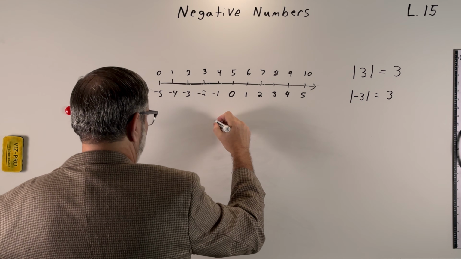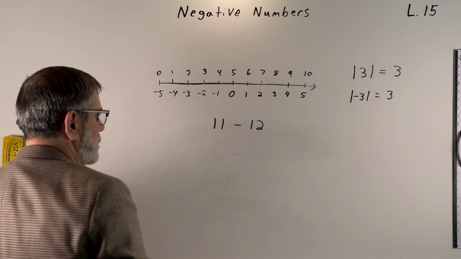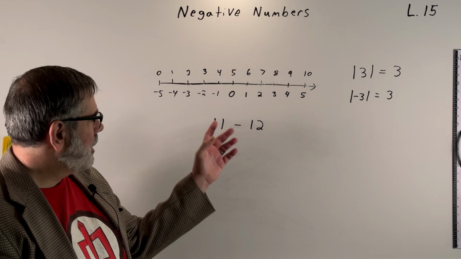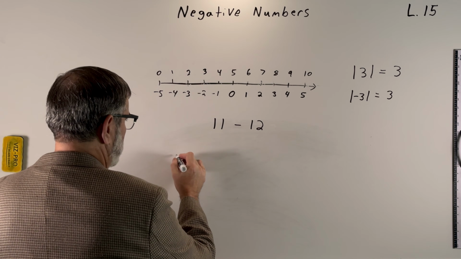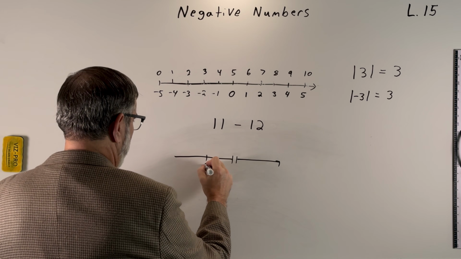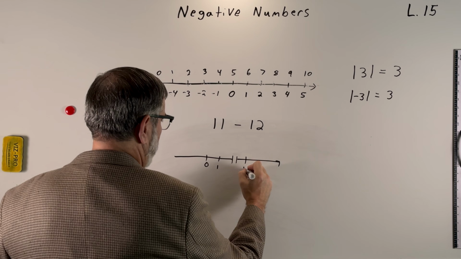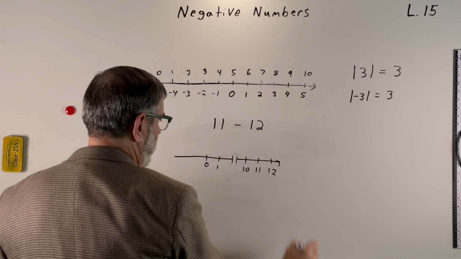Let's consider the problem 11 minus 12, which is also 11 plus negative 12, if you like. Now, my number line is not quite big enough. I'd have to draw a broken number line to really consider this. Put the 0 here, put the 1 here, and then we'll start up again at 10, and then 11, going to 12 maybe.